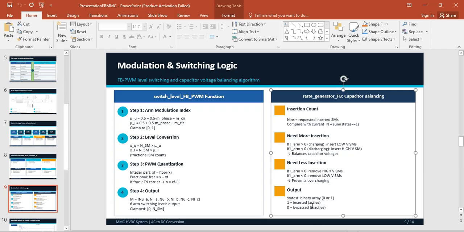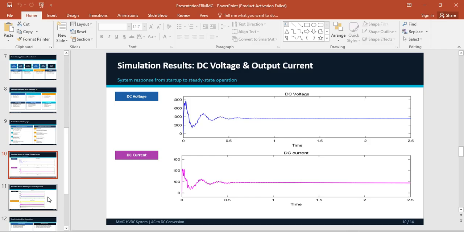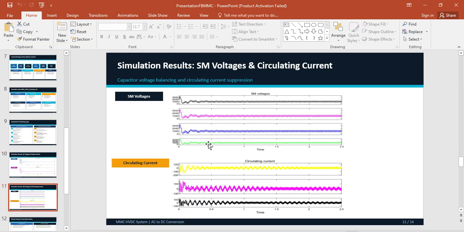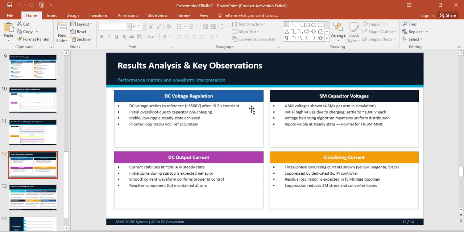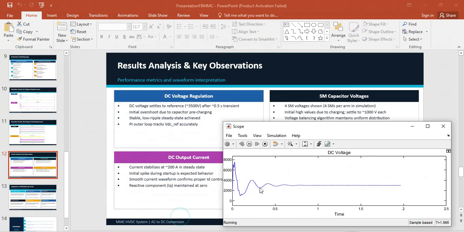The output will be a signal that will go towards the switches. So this was the output that was obtained. This is the circulating current and submodule voltages. So this is basically the analysis; these were obtained. Let me show you now the voltage.